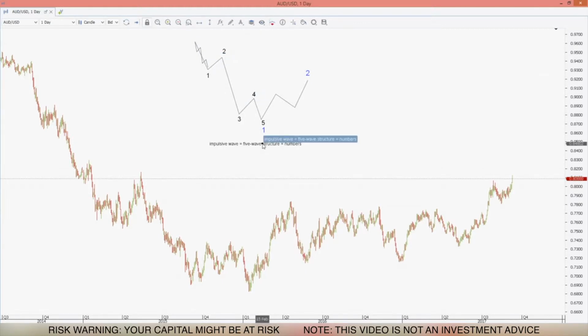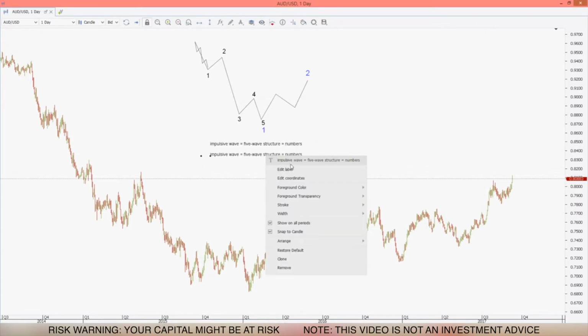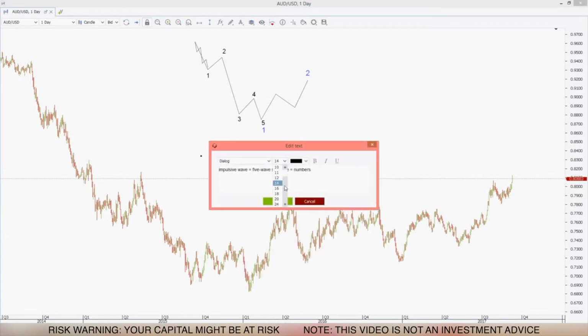Let's look at some rules of an impulsive wave. First of all, in an impulsive wave, wave 1, wave 3, and wave 5 are all impulsive waves on their own.